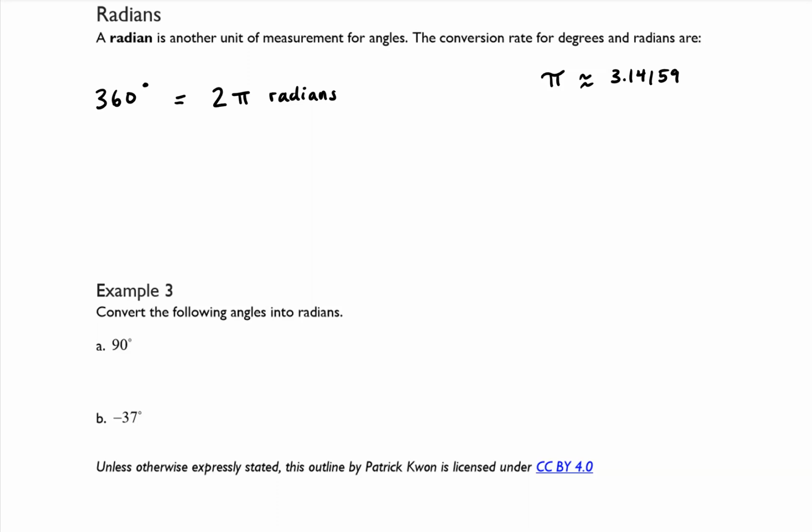So that's just an approximation, and the even shorter approximation is 3.14 that people will frequently use. So this is one of the equations that we can use for conversions.